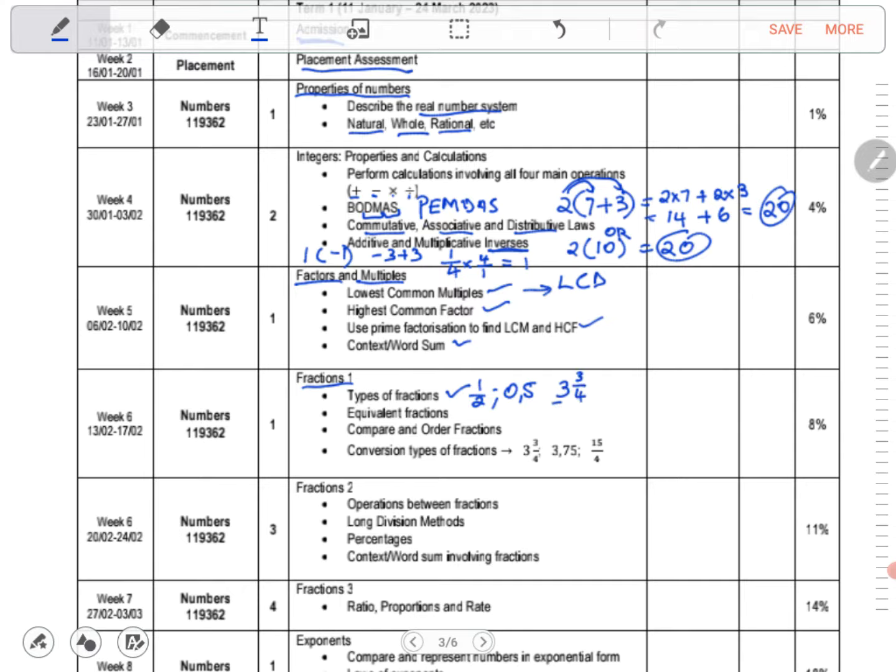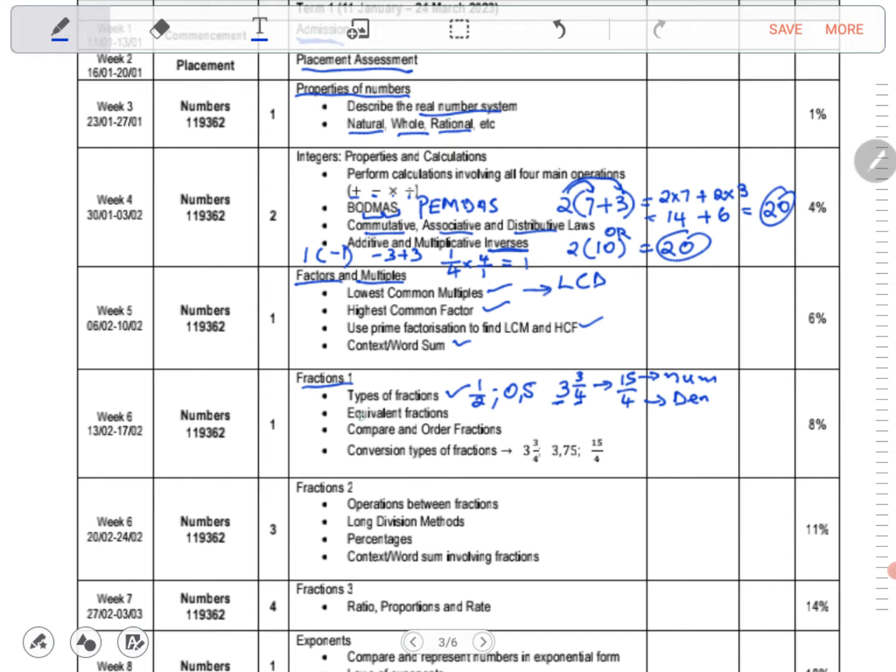So this is a whole number and a fractional part, and which can also be an improper fraction where we'll have 15 over 4, where we have a bigger numerator versus a smaller denominator.